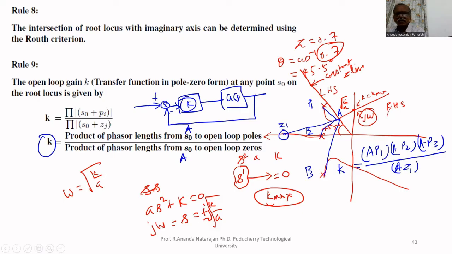Here in this formula, S0 is taken as the point at which we want to locate the poles. So we can find the gain K at a desired location. If you put K equal to this value in a closed loop system, it will exhibit the desired zeta.